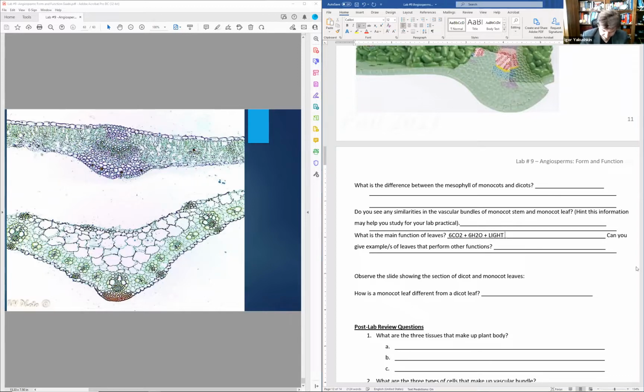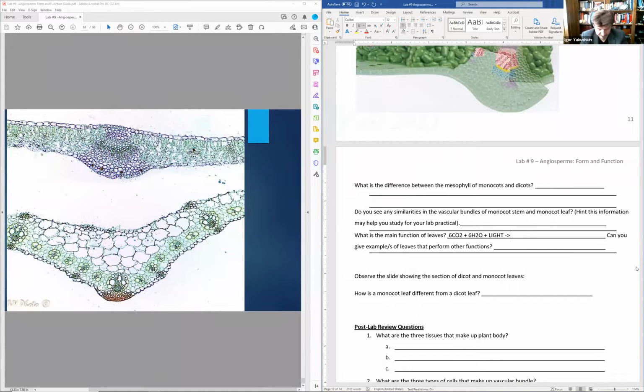Synthesis is not happening. Now we have the reaction going in the chloroplast, the electron transport chain, the electrons getting excited, leaving the reaction center, all that particular stuff. We're not going into how exactly it's happening.